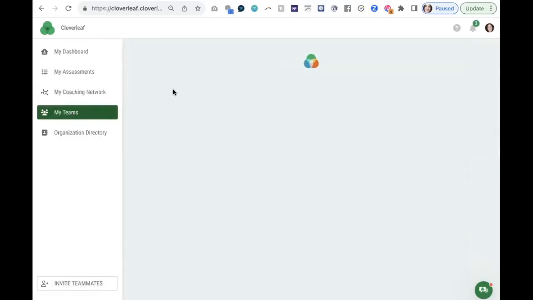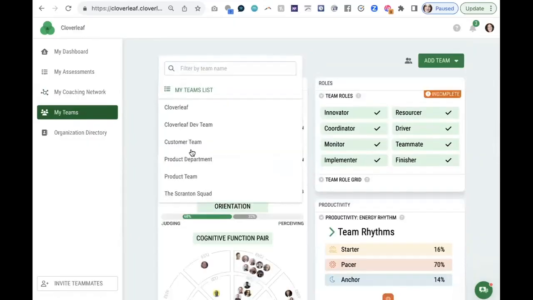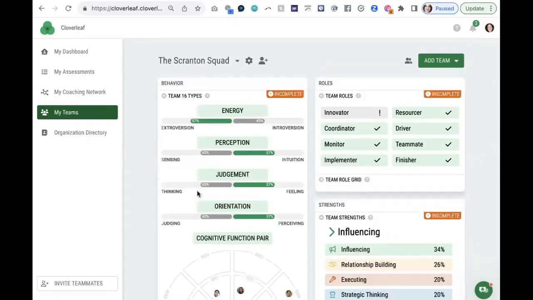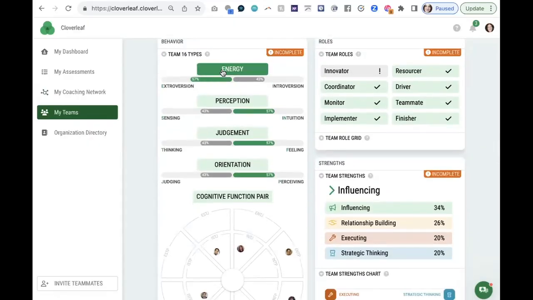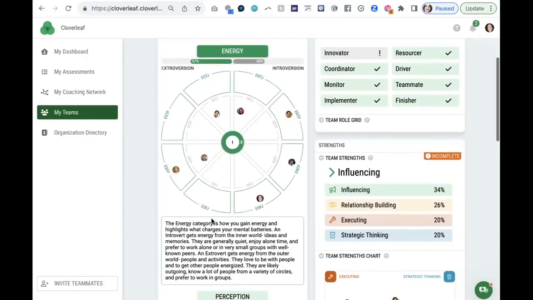But when you're on the team dashboard, and I'm going to just hop onto a team dashboard that has people with mostly balanced results, because we're going to be using that for our next section. I'm going to be going into this team right here. This is sort of a fake team. When you're in here, everything I just described is actually all described here in terms of the high level description of each category.